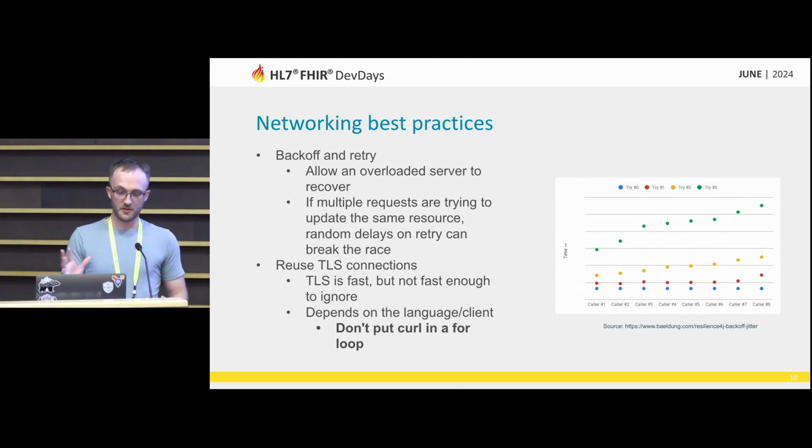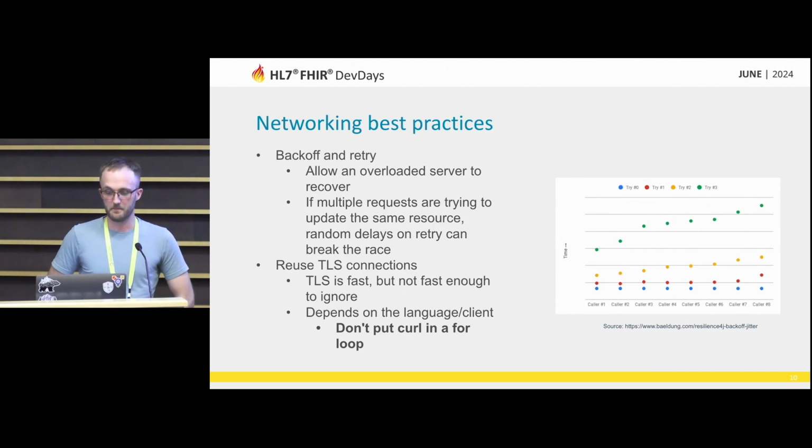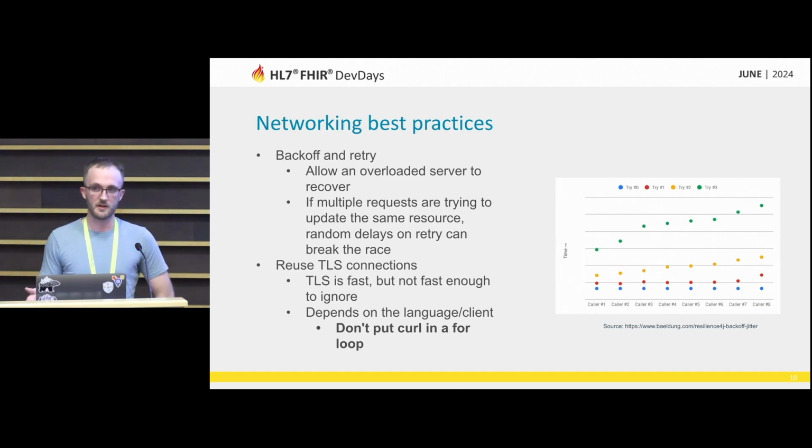And so I have a final slide here that's general networking best practices, a bit of a grab bag that also can be very important. The first thing I have here is back off and retry. When your server is overloaded, when it's returning 500 errors, saying gateway issues or other internal errors, you need to allow the server to recover.